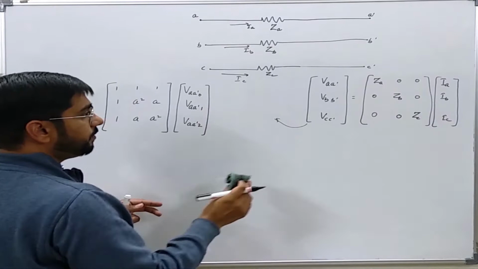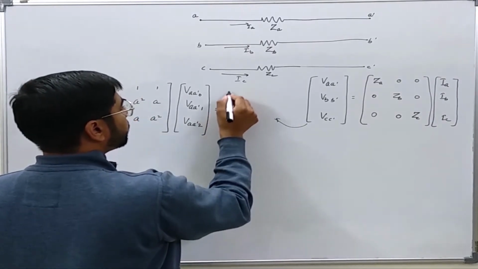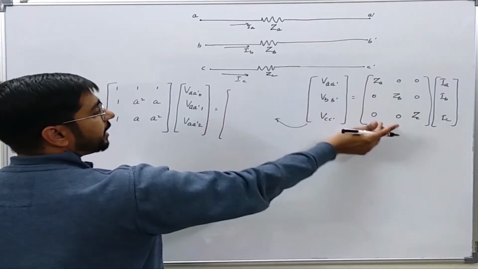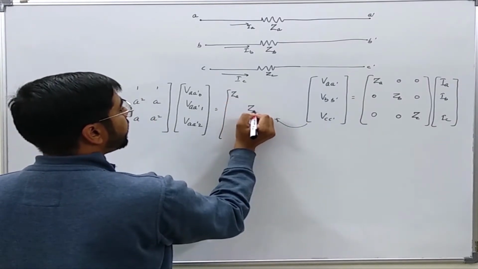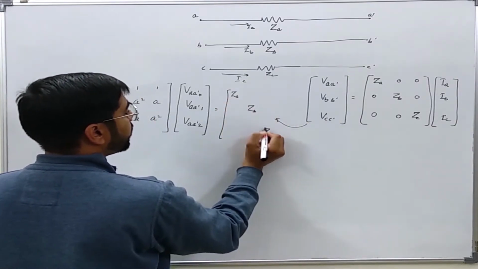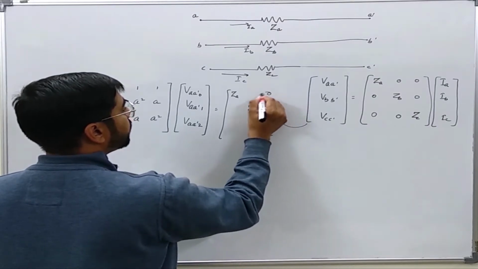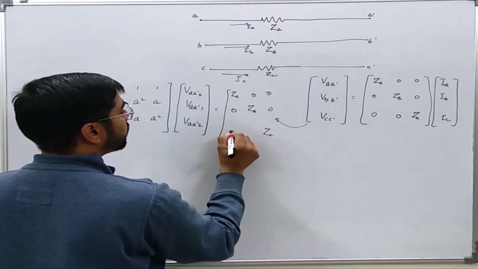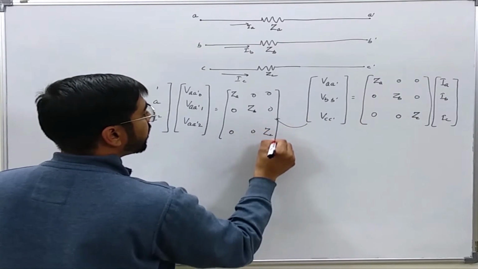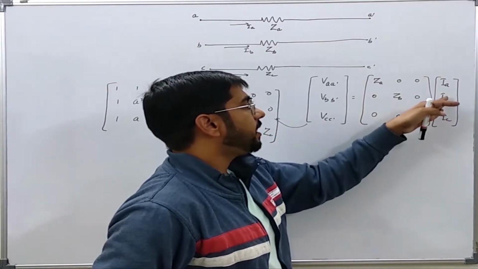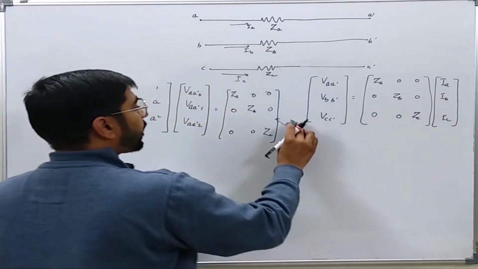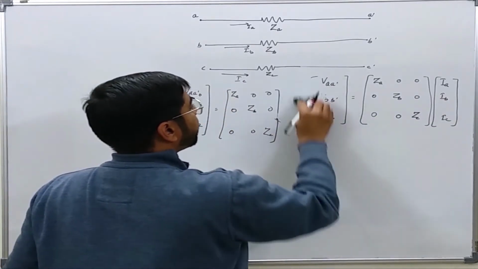Similarly, this is equal to the impedance matrix, ZA, ZB, ZC on the diagonal, all other entries being 0. Now similar to this, we will also write IA, IB, IC in terms of their equivalent sequence components.